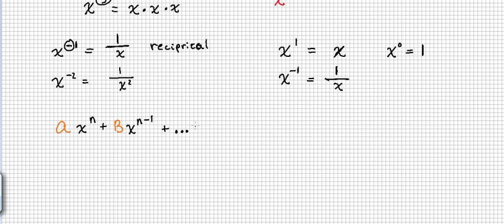Plus dot dot dot plus c x squared plus d x, and this is where it gets a little interesting, plus e x to the 0. So when it's x to the 0, this is just our constant. So this would just be some number. It can even be 0 and not even be there.